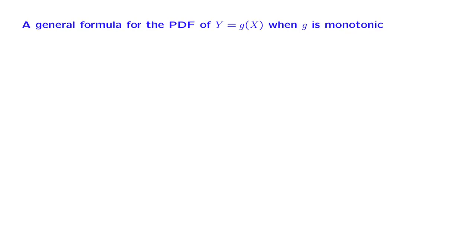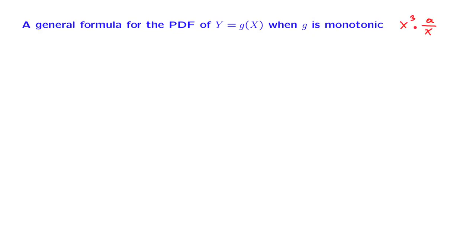We have already worked through some examples in which x was a random variable with a given PDF, and we considered the problem of finding the PDF of y for the case where y was the function x cubed or a function of the form a over x.